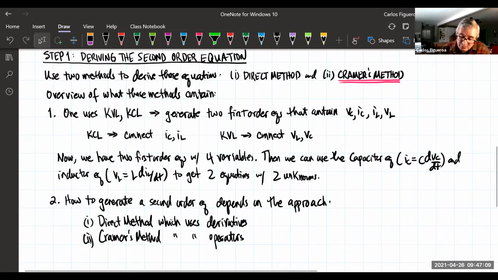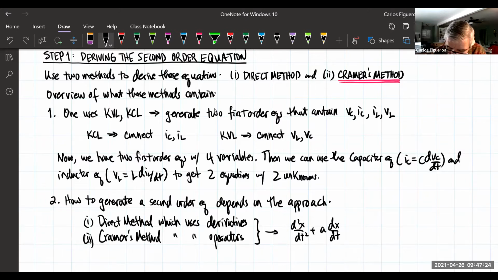In the end, both methods have to give you something like this. You have to get a differential equation that's going to look something like this, and then this guy here is going to be equal to a constant.